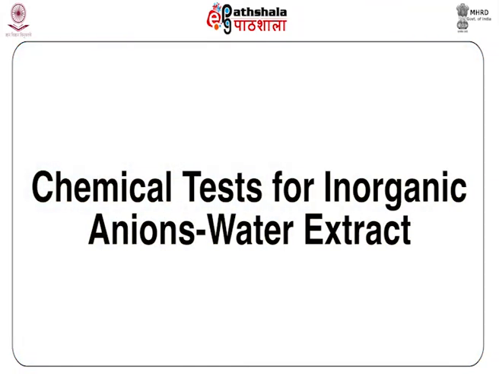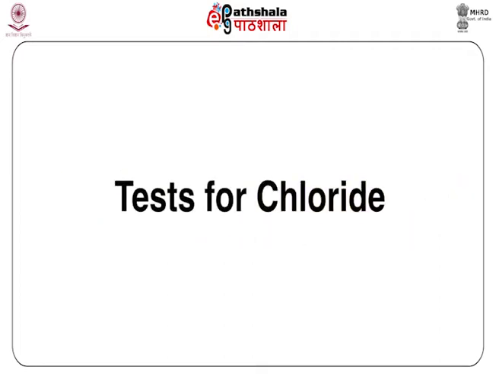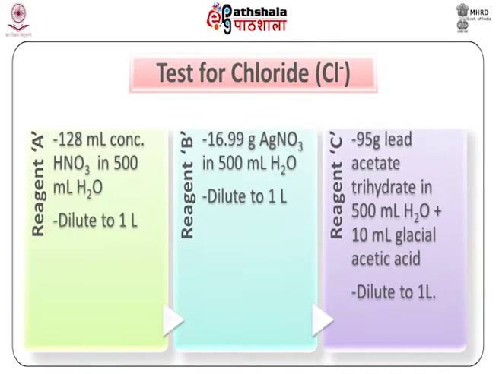Chemical tests for inorganic anions, water extract. First is the test for chloride. The following three reagents are required for detecting chloride ion in an explosive. Reagent A is made by dissolving 128 milliliters of concentrated nitric acid in 500 milliliters of distilled water and then diluting it to 1 liter.